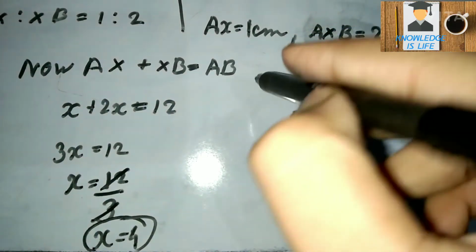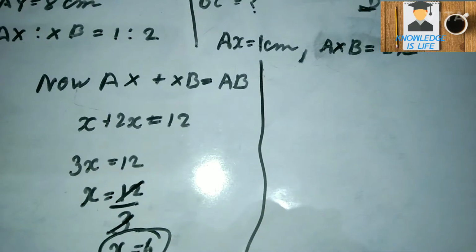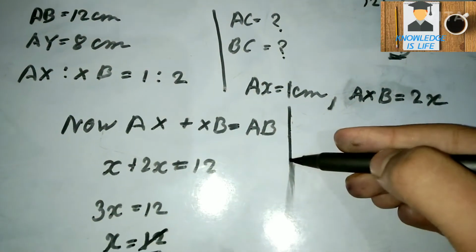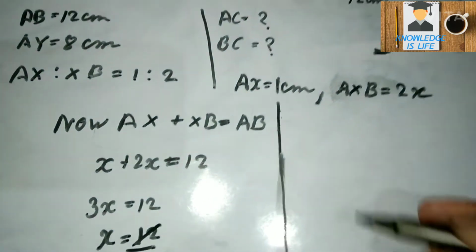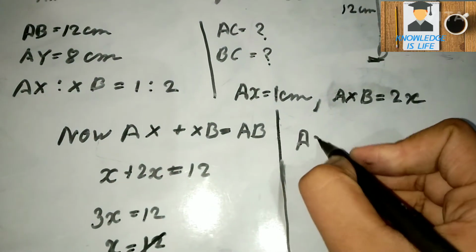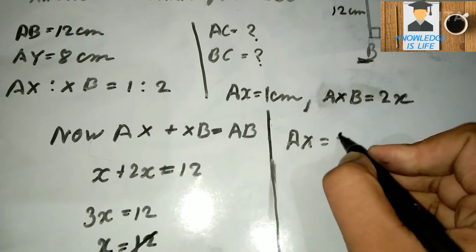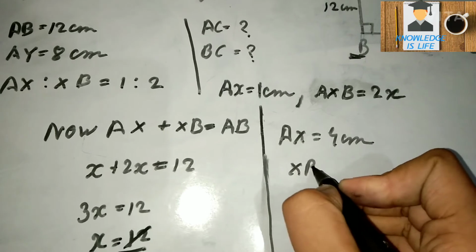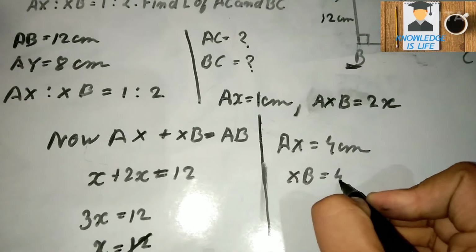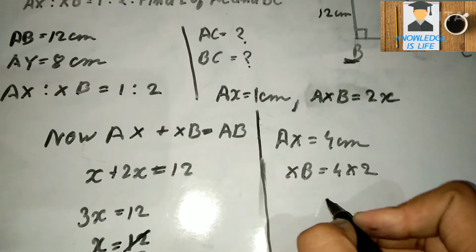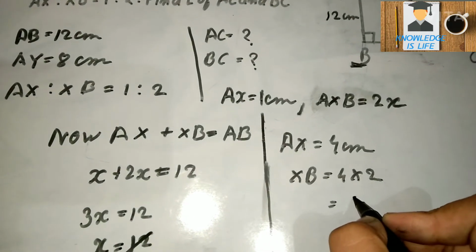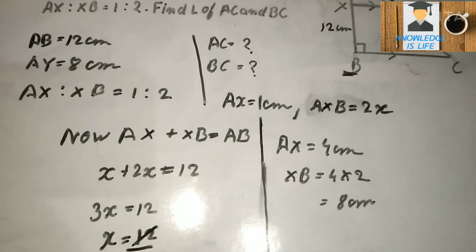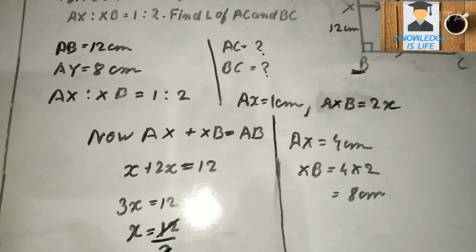Okay, so let us find the other sides. So AX equals 4 centimeters and XB equals 4 into 2, so our answer will be 8 centimeters. Okay, so let us go to the next step.